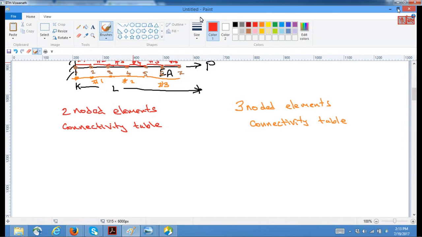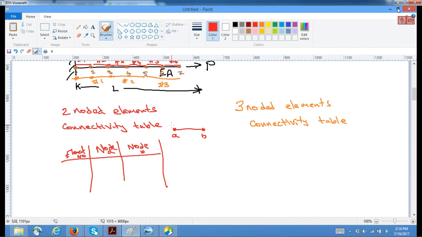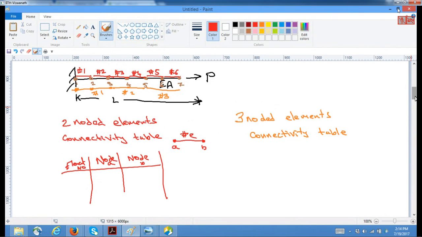So let us write this table as element number, node A and node B, because for a two-noded element we want to define this as node A and node B for a given element E. So for the first, if you look at here, your element 1 is made up of node 1 and node 2.